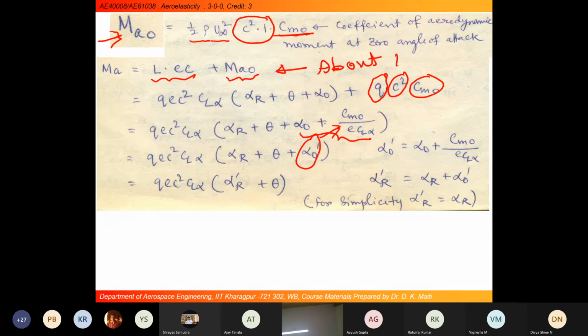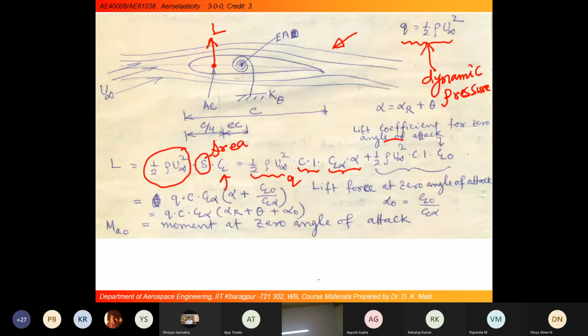About the elastic axis. Okay. If you go back, see here I am saying the Ma naught will be developed at the aerodynamic center, and the moment Ma, whatever I am calculating, that is at the elastic axis. Because the aerodynamic force is acting at some other point, and the elastic force is acting at some other point. So in this aerofoil configuration, I am transferring the whole load to the elastic axis.